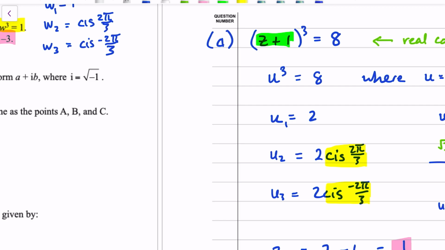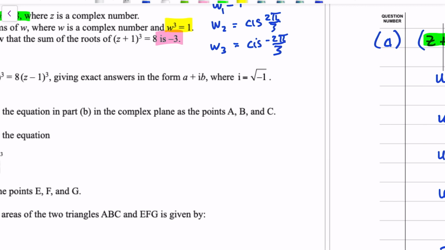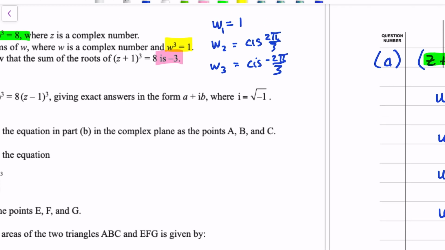And we're assuming that w is not just 1, because it says w is a complex number. If we make w just equal to 1, then we won't get the other roots in terms of w. So let's just pick this one. Let's make that w. It turns out it doesn't matter, as long as it's not the 1.